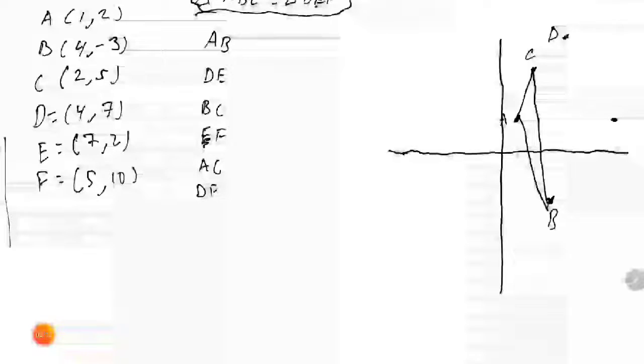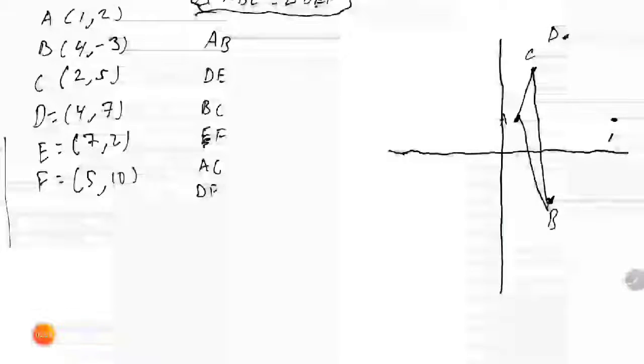So one way to look at this. Oh wait, that's E, that was F. Okay. And then hopefully this will let me draw. There we go.